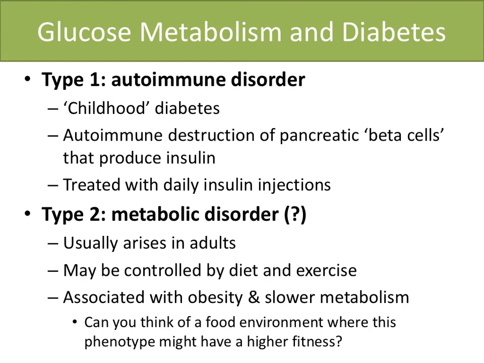The other ones are either in very poor condition, or they just don't survive at all. Okay? So you can see how these metabolic processes that vary between individuals, we're talking about variation, might be favored in certain environments and not others.